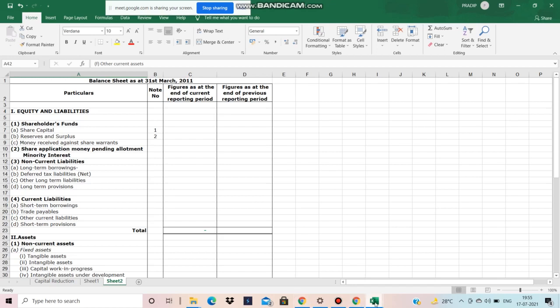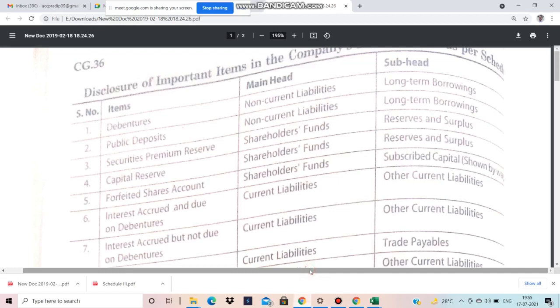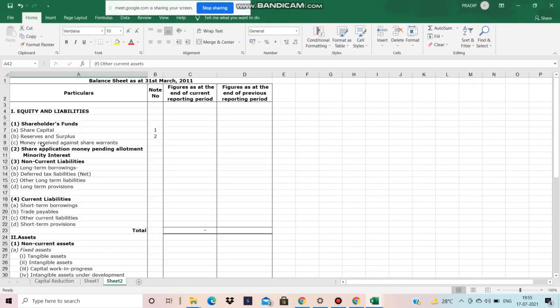Now I am showing a chart that shows where each and every item of the balance sheet comes, the main head and the subhead. There are 67 items. For example, debentures come under the main head non-current liabilities, subhead long-term borrowings. So debentures will come over there.